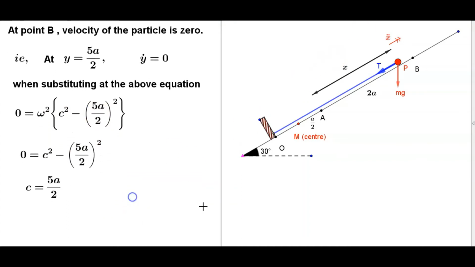Therefore, c is equal to 5a by 2. So the amplitude is 5a by 2 from the center of oscillation. This is a by 2, here 2a, here 5a by 2, and here the velocity is 0.